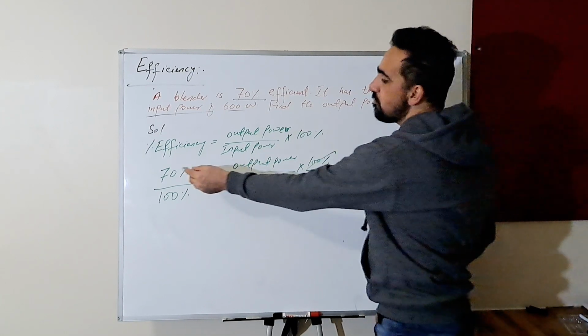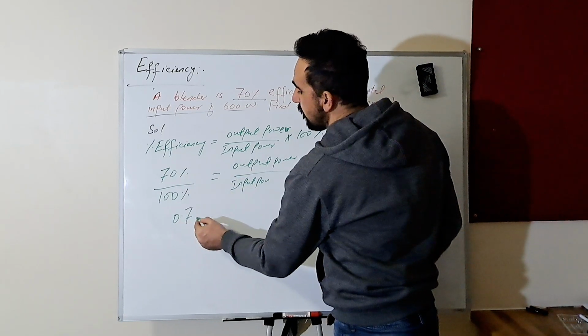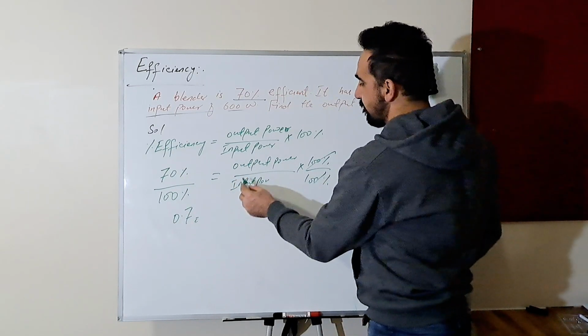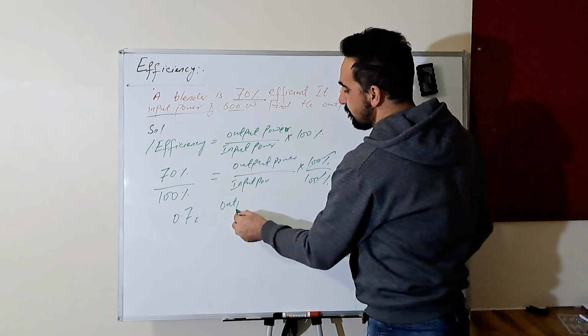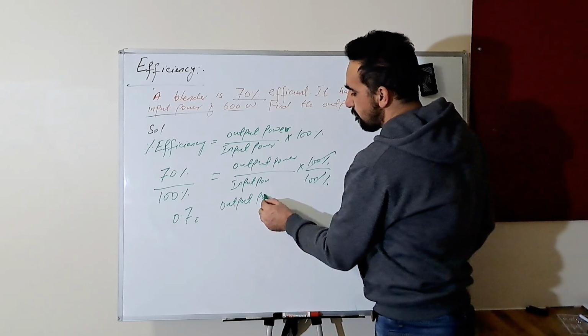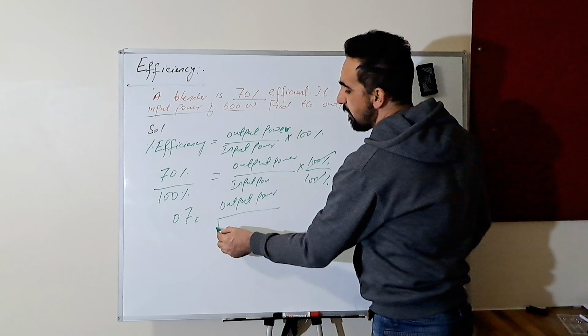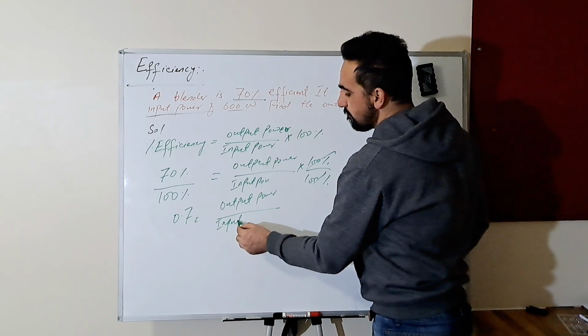So this will cancel out and we get 0.7 from here, which is output power divided by input power.